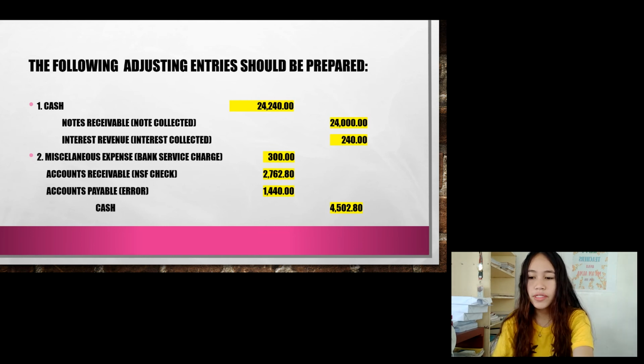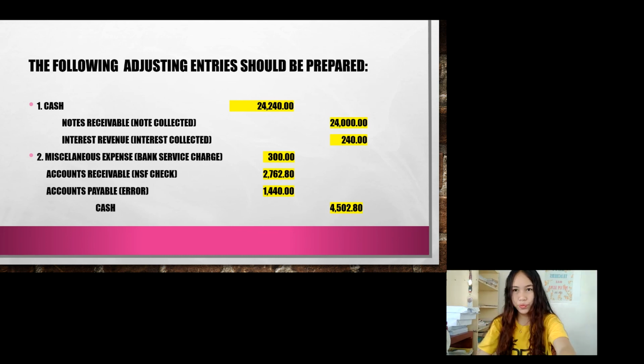Second is the miscellaneous expense, which is the bank service charge, 300 pesos, a debit. Accounts receivable for the NSF check, also a debit, amounting to 2,762.80 pesos, and accounts payable for the error of 1,440 pesos. And credit cash amounting to 4,502.80 pesos.